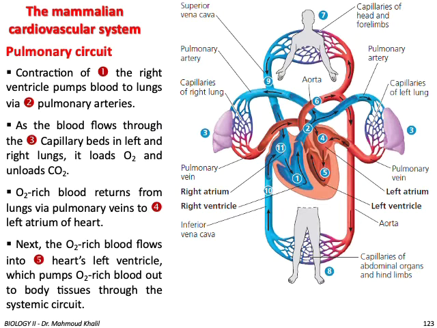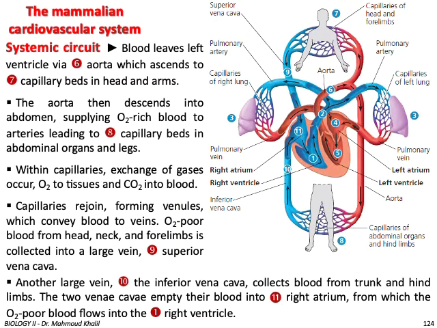In the systemic circuit, blood leaves the left ventricle via the aorta. The aorta has two routes, either ascend or descend. The aorta ascends to the capillary beds in the head and arms, to provide oxygen-rich blood to the head and the brain and arms.